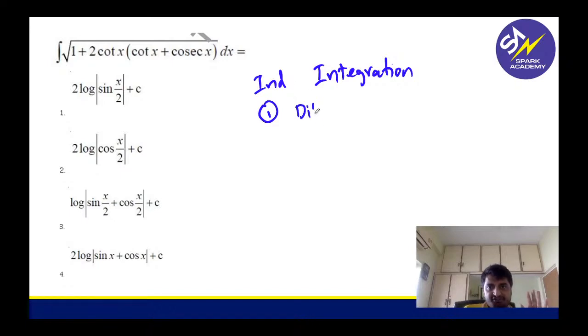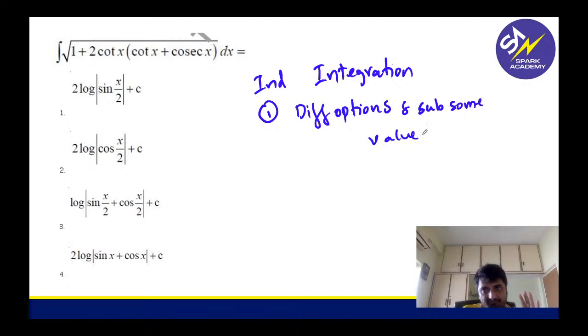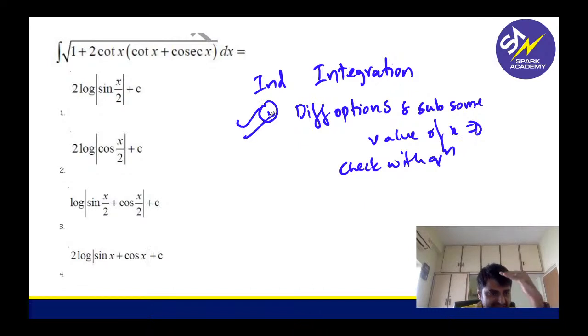Very good, Abhilash. Differentiate options and substitute some value of x and check with question. Agreed, everybody? Yep, agreed. This is the easiest, right? I told you, easiest way. Again, see, all of you, some of you are saying convert it, do this, do that. Not required, guys. Just differentiate, one step differentiation. How do you differentiate?